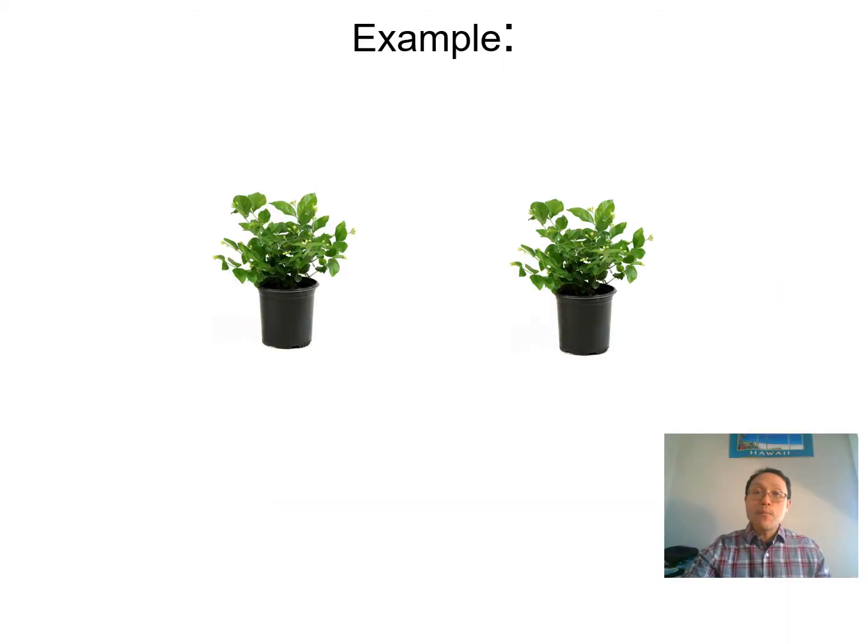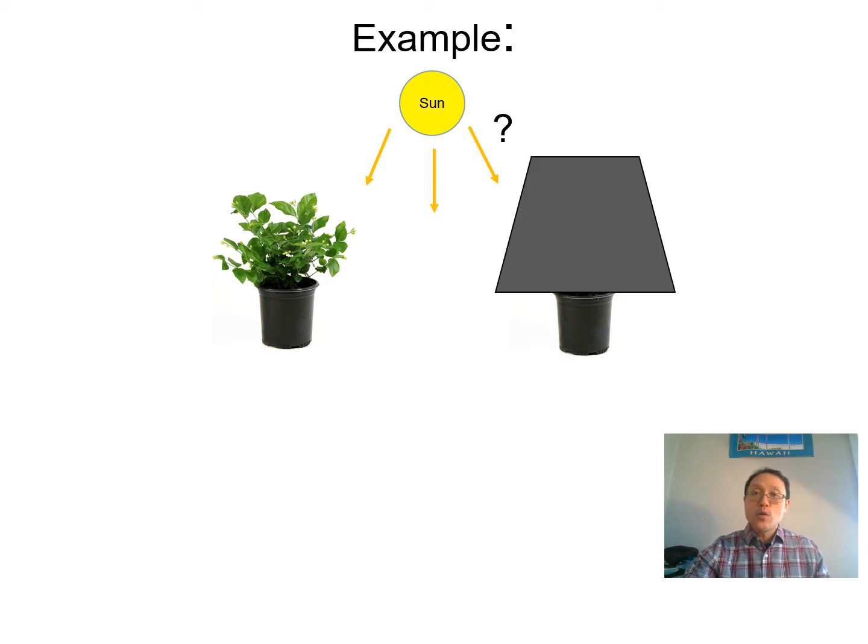Okay, so the example is, let's say you have two plants, and you are wondering whether sunlight can cause these plants to grow well or not. So what you do is cover one of the plants up.